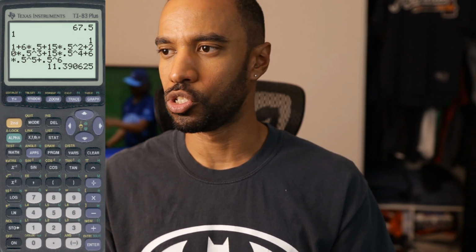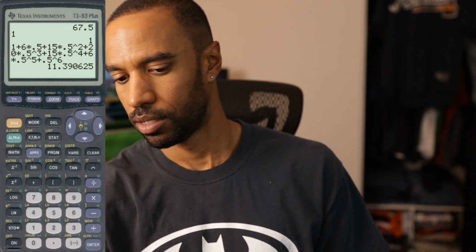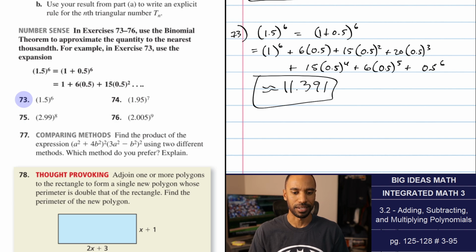Hold on. 1 plus 6 times 0.5 to the first plus, I'll just have to click it, 15 times 0.5 to the second plus 20 times 0.5 to the third plus... Okay. It's approaching 11.391 to the nearest thousandth. 11.391. And there we go for number 73.